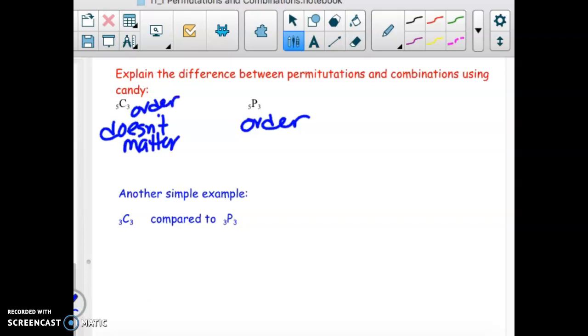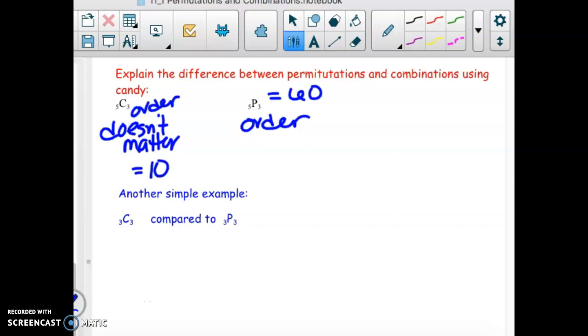When order matters, when order doesn't matter, there's always going to be fewer options, all right? And you want more options, order matters, all right?